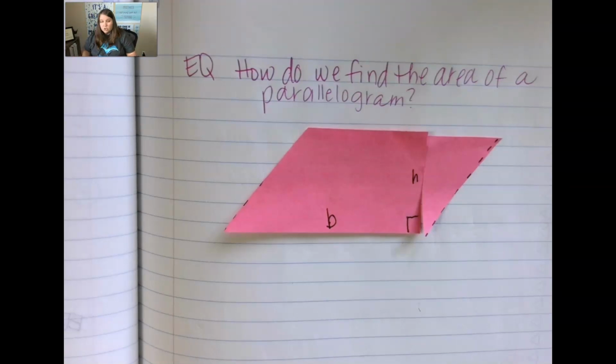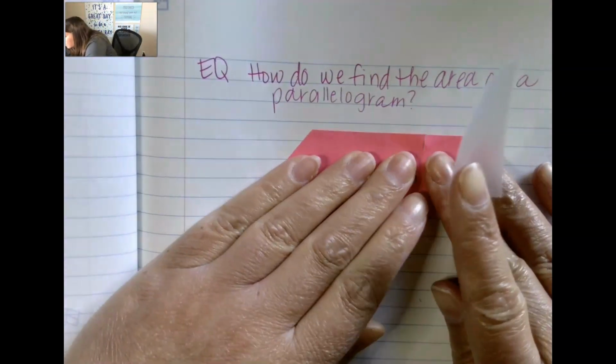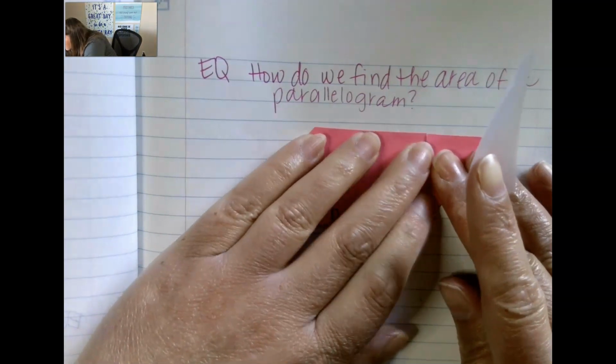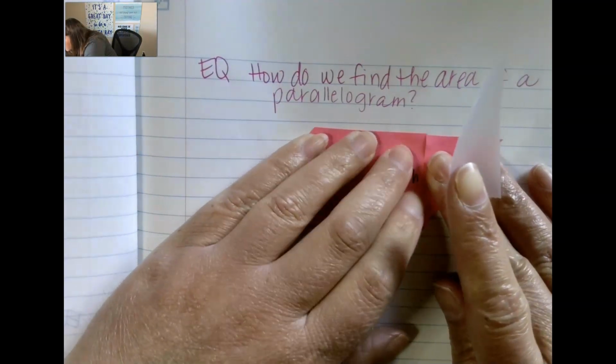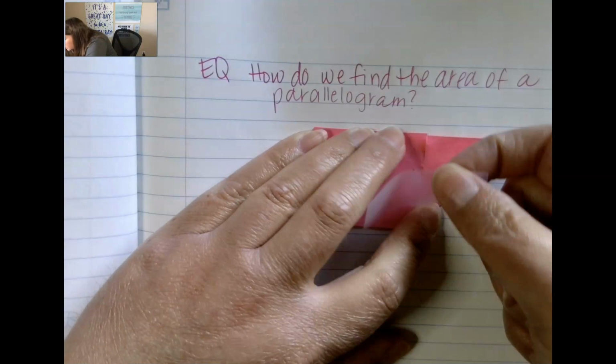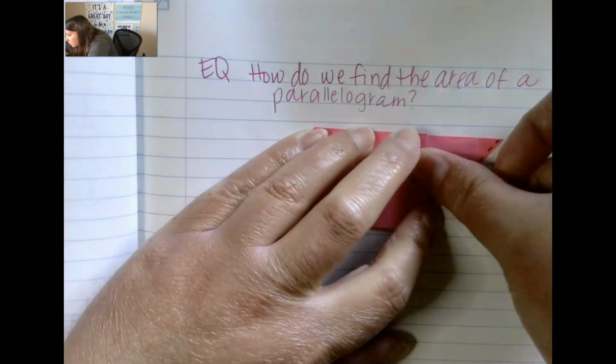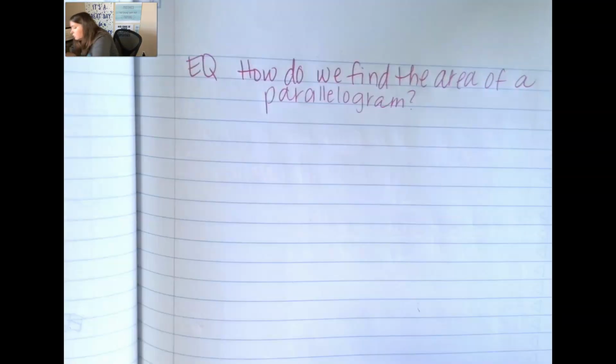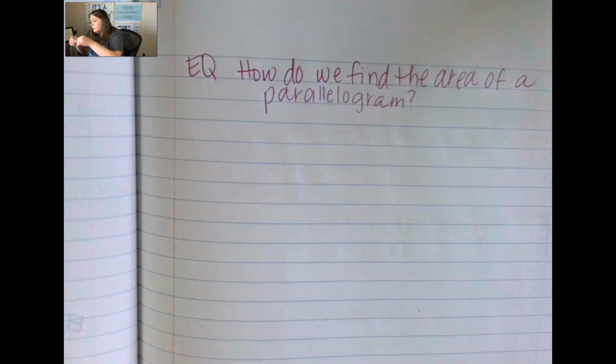I wonder if I have some tape. I do have tape. All right, let's tape our parallelogram here, our four-sided shape. It's just a little piece of tape here. I cut it too big, of course. Just fold that right under.